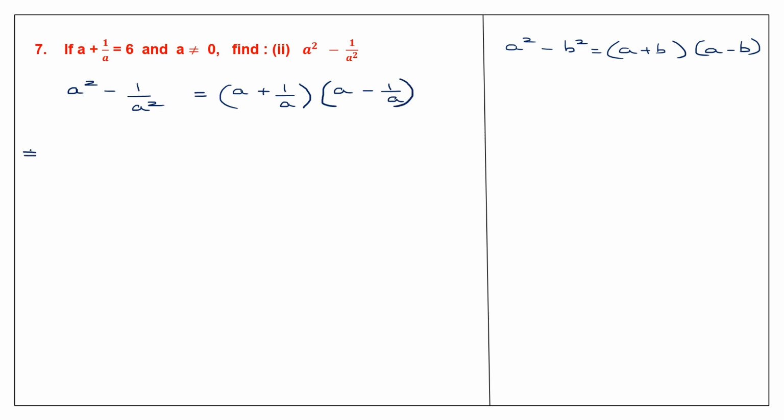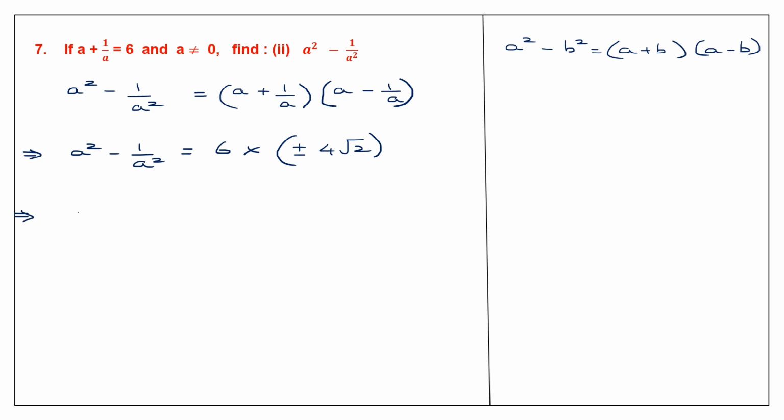So we can write this as a square minus 1 by a square is equal to, now a plus 1 by a is already given to us here as 6. So we can write that there. So that is 6 into, and we just found out a minus 1 by a, and that is plus or minus 4 root 2. Now we just have to multiply.